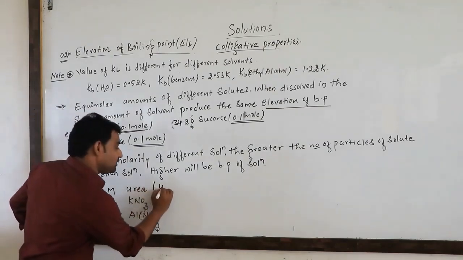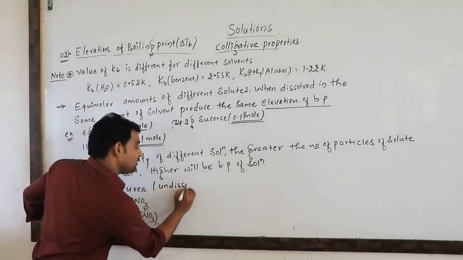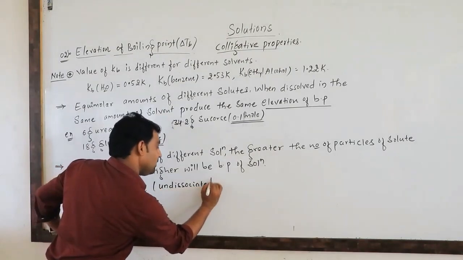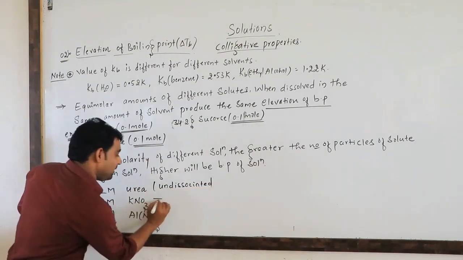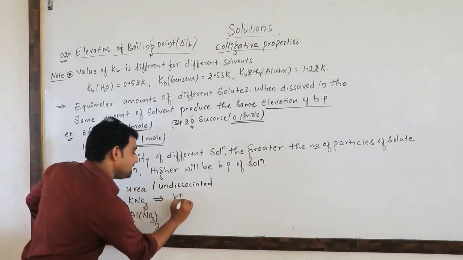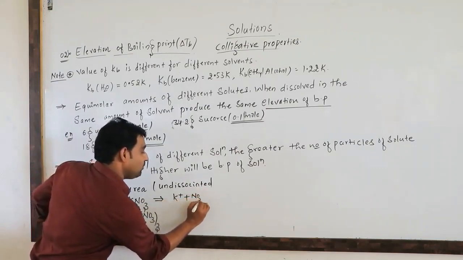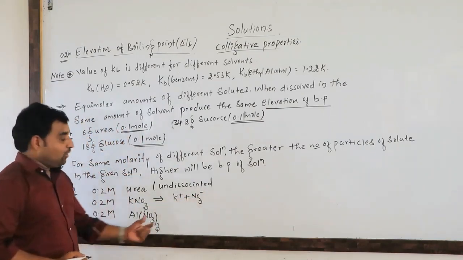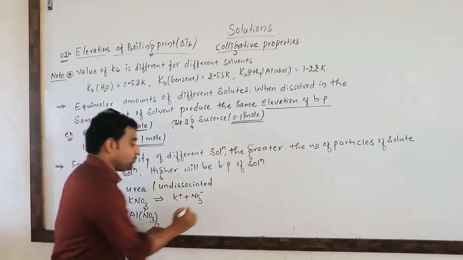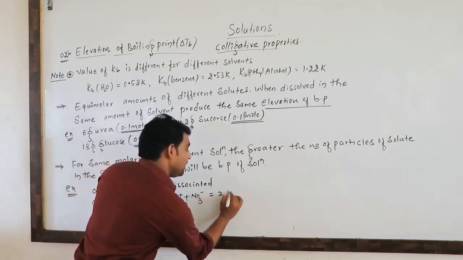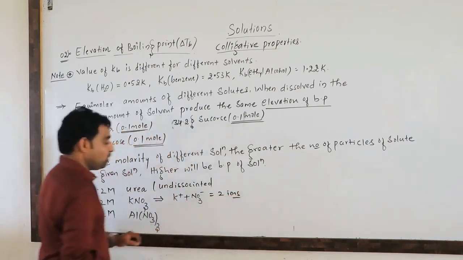Urea is undissociated. Coming to KNO3, it will dissociate as K+ and NO3-. The total number of ions is 2, or 2 moles of ions.